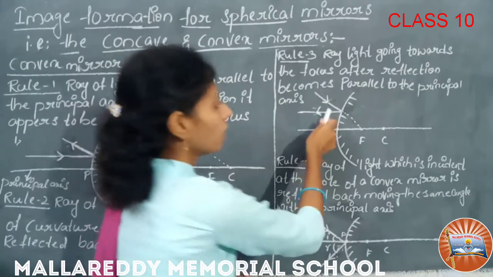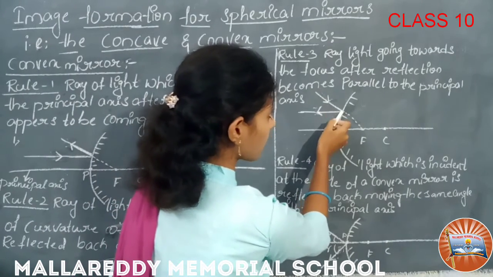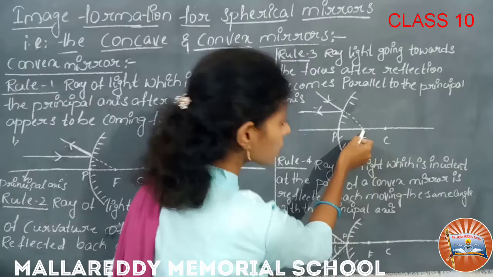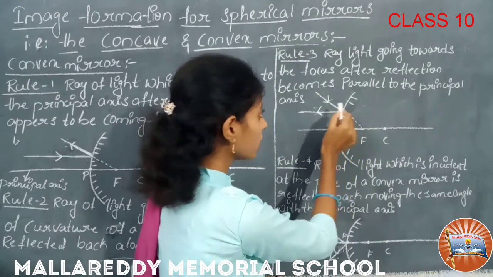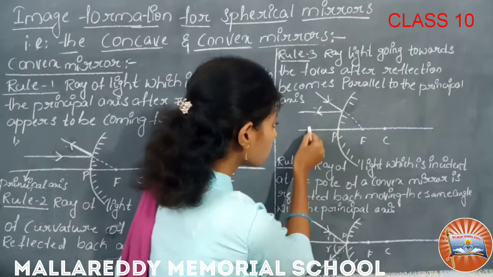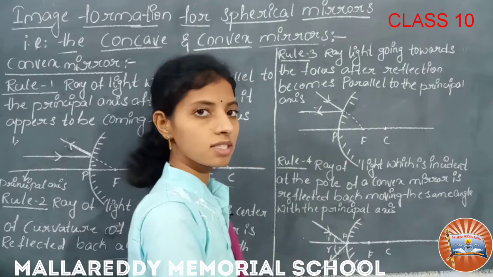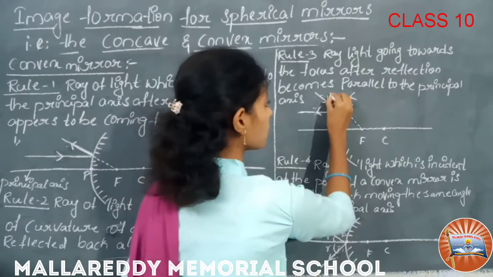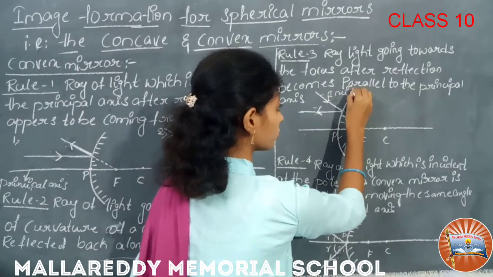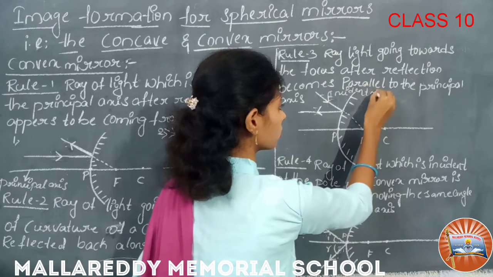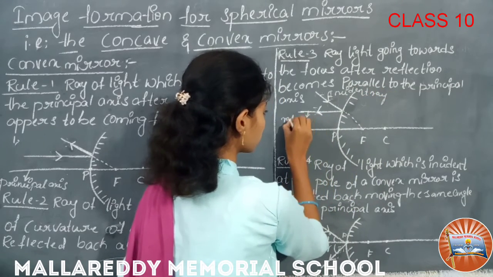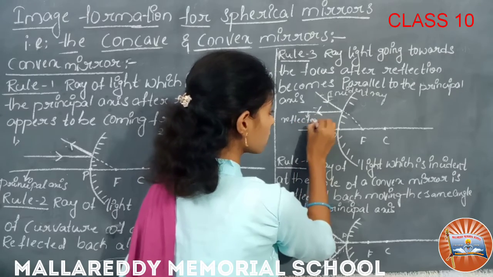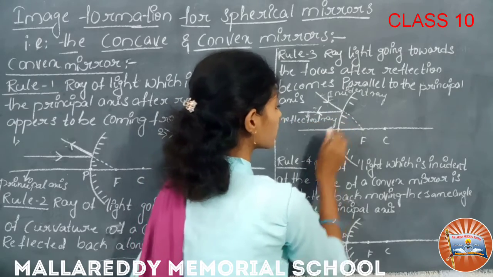This is the incident ray, and this is the reflected ray, which is parallel to the principal axis.